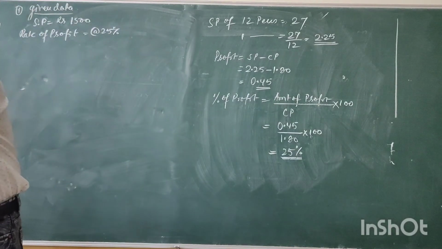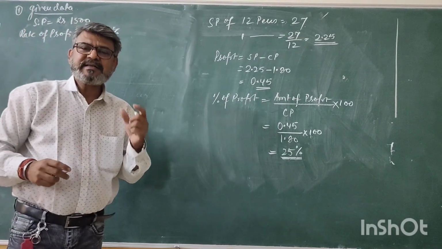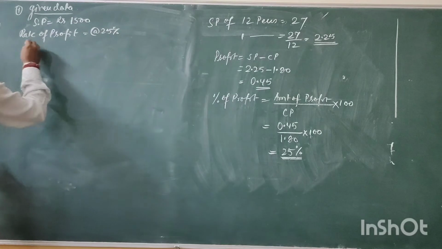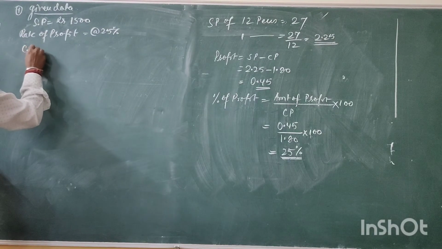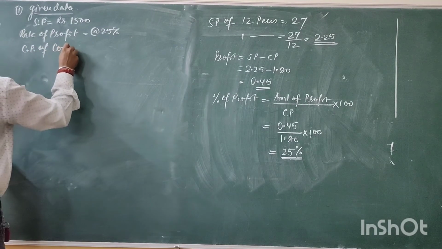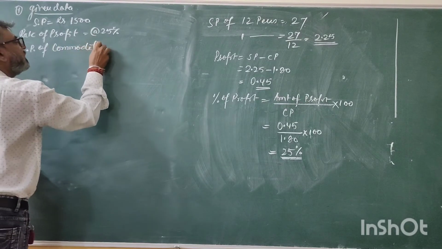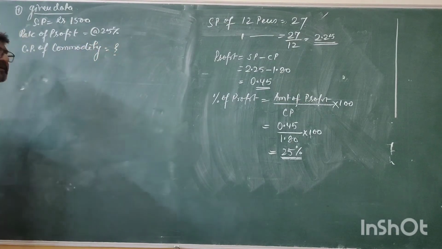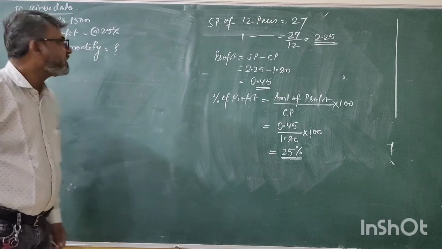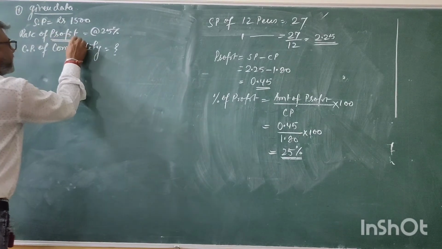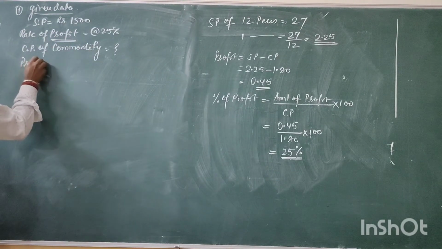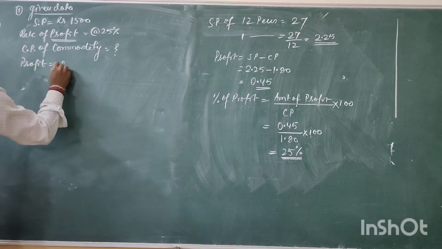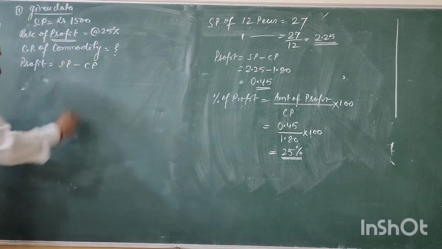As per the first sentence of the question, what type of data is not there? Yes, cost price of the commodity is not there. Now first of all we have to find out the CP of the commodity. As per data, profit is there. Now take the formula for profit. Profit is equal to SP minus CP.